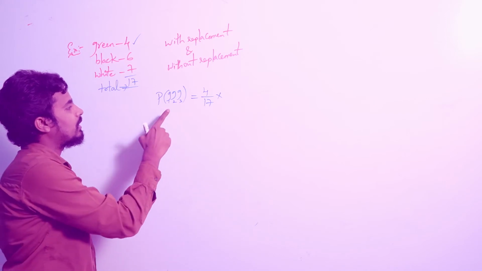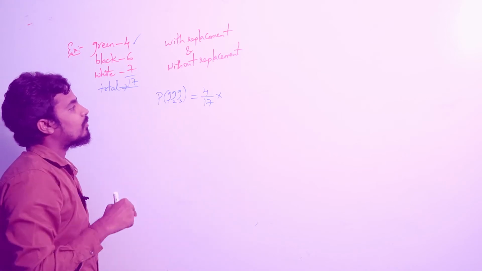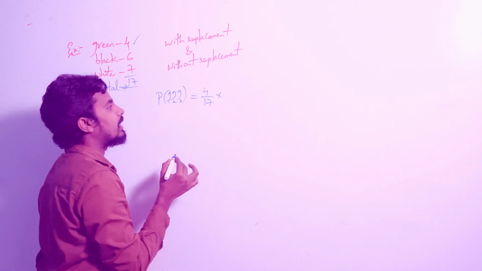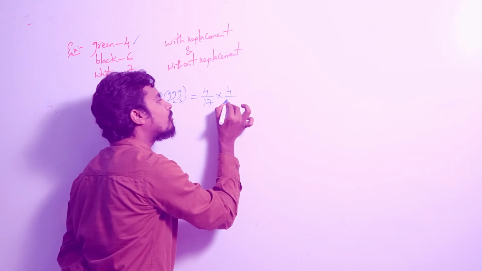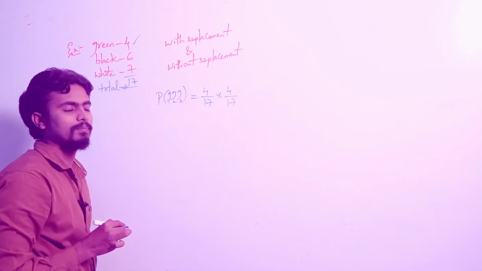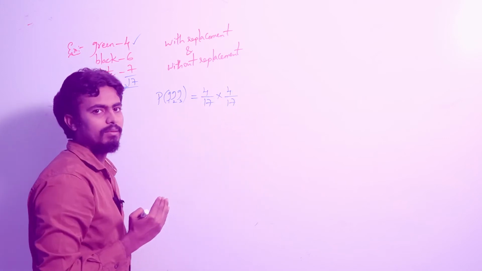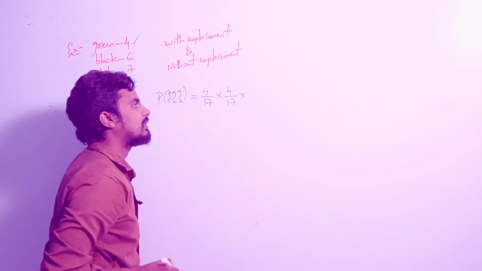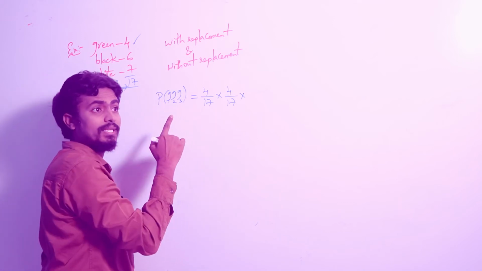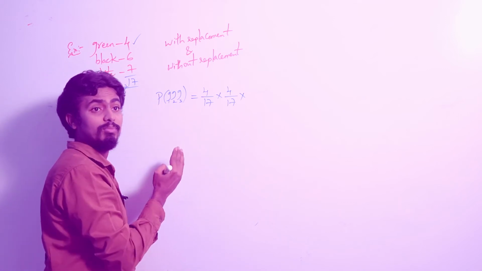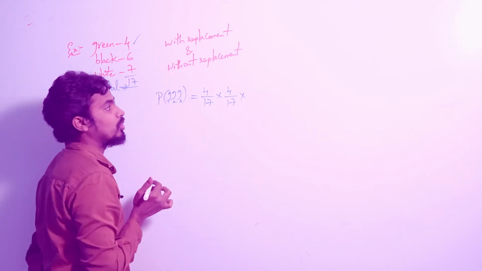Next, if I take another green ball and replace it with one green ball, then P of G2 will be 4 by 17. And again I take the green ball and replace it with a green ball. Similarly, if I take another green ball and replace it with a new green ball, the total green balls will be 4 only, right?